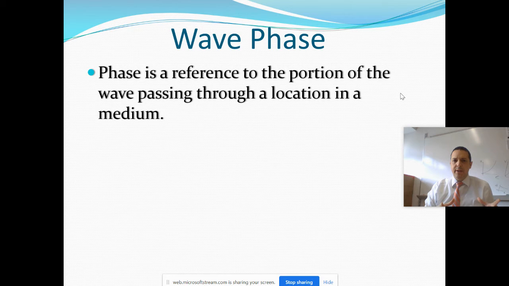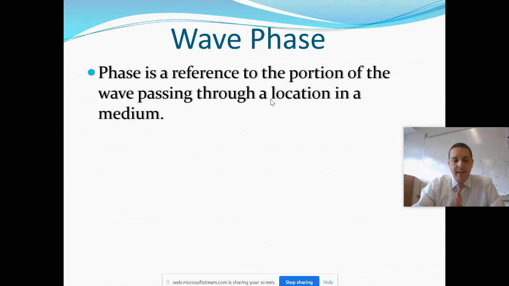So now that we've talked about what superposition is, there's one other thing I have to talk to you about before we can really get into wave interference, and that is wave phase. I want you to think about wave phase as a way of telling what part of the wave you've moved through. It's a reference. Every phase just identifies whether you are at the start, in the middle of your wave, or at the back of the wave.